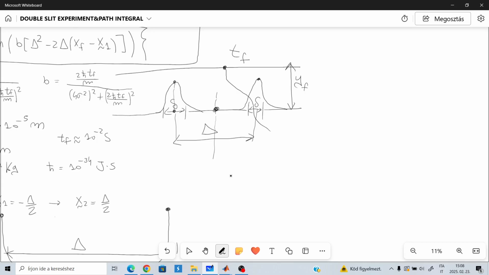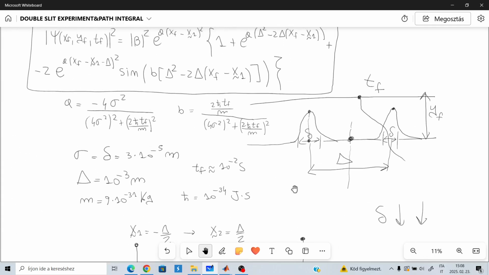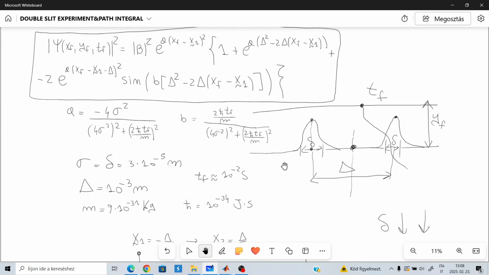In particular, I want to consider delta to be very small. Remember that delta is the width of the slit, so it's as if we are considering the slit to be infinitesimally small. So this aperture, this gap, this opening, whatever you want to call it, is very small. And if delta is very small, remember that delta is equal to sigma, according to what we did the last time, and to our considerations.